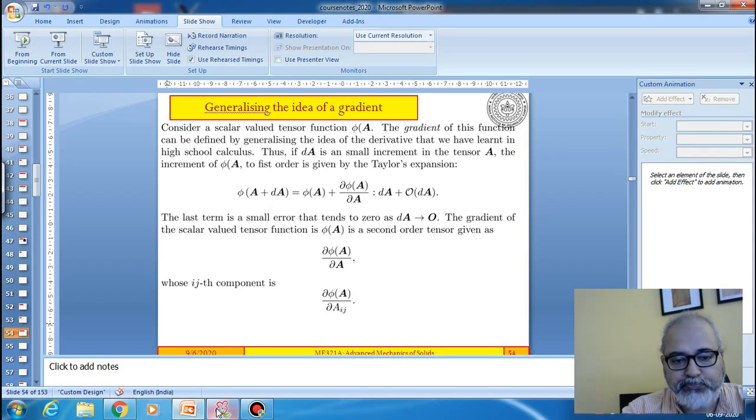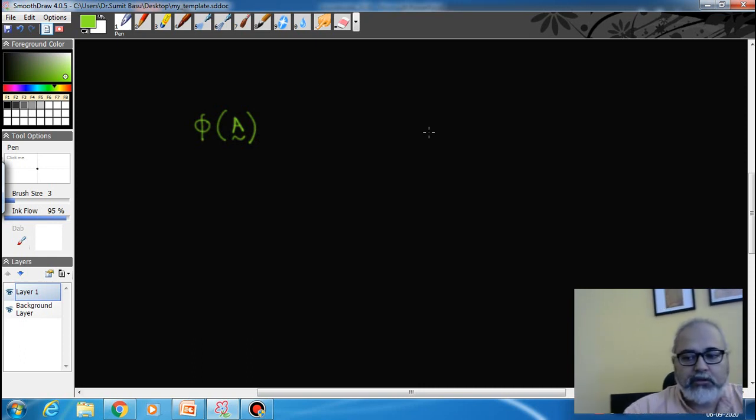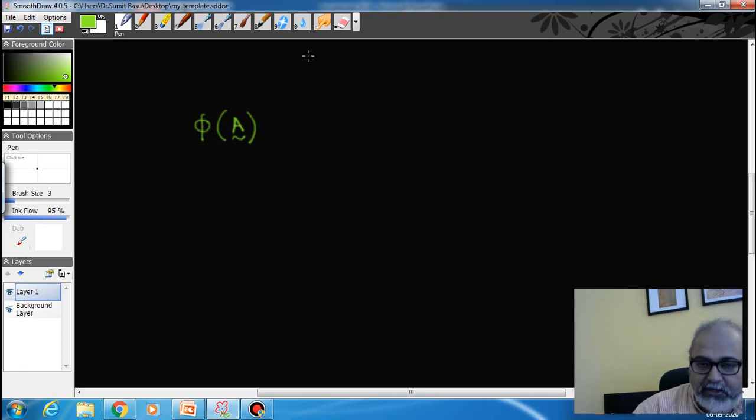A scalar valued function of a second order tensor can be written like phi of, let's say, a second order tensor A. Now, when we think about the gradient of this, what we are basically asking is that if I change A by a small amount, then how much would phi change? So we are basically asking that if I change A to A plus dA, then what would be d phi?